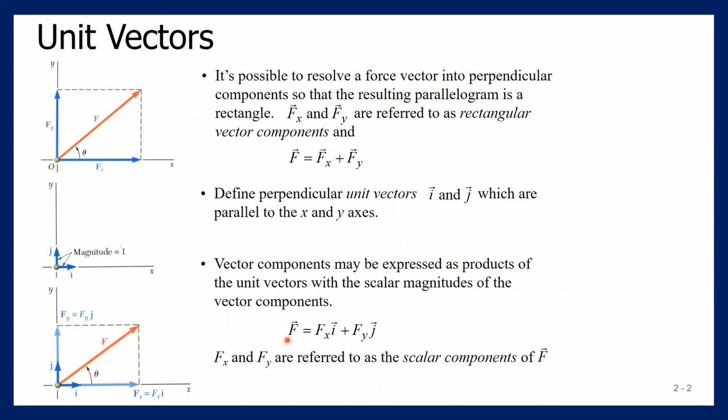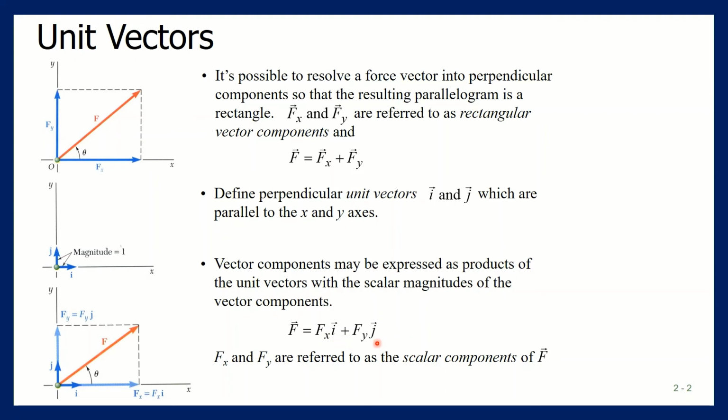F will be equal to Fxi plus Fyj, where Fx is the magnitude in the x direction. So this component is showing the magnitude Fx and i will show the direction. So Fxi means Fx in the x direction.